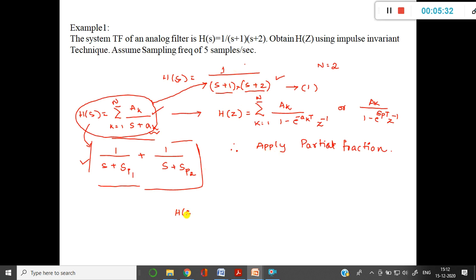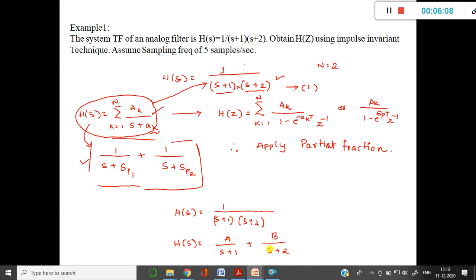That is, H(s) is equal to 1 by (s plus 1) into (s plus 2). So apply the partial fraction method to this. That is, H(s) is equal to A divided by (s plus 1) plus B divided by (s plus 2).